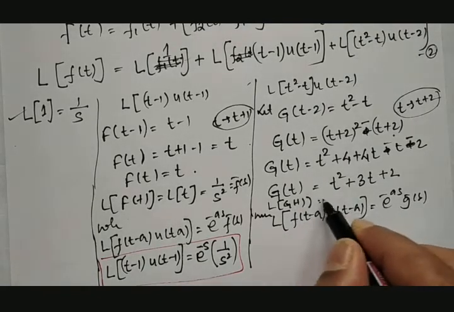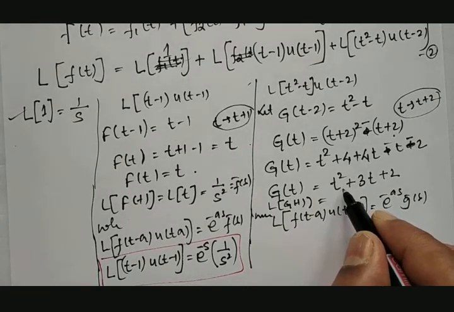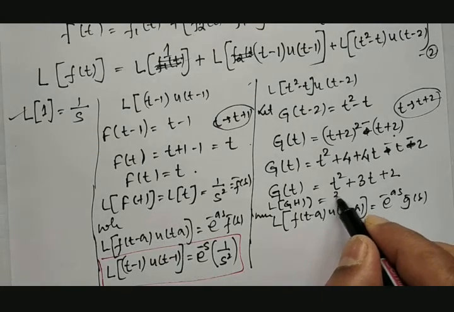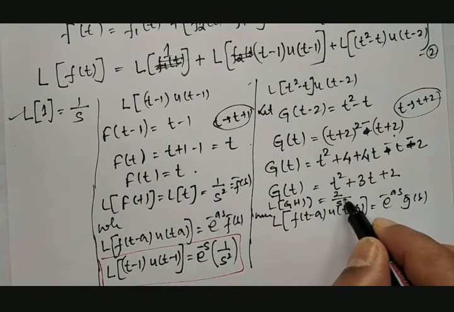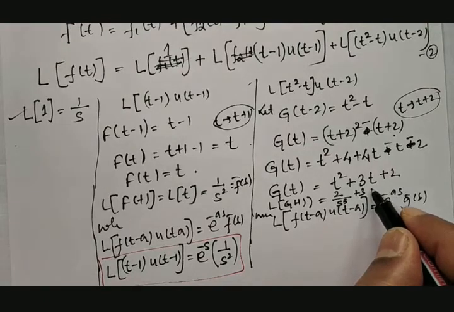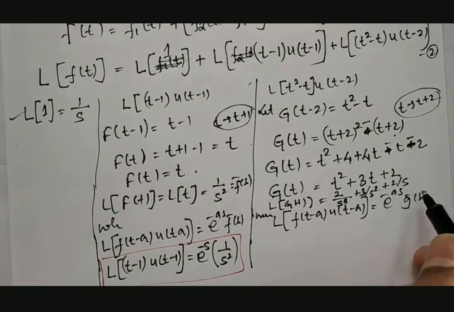If you apply Laplace transformation, here we will be getting t square Laplace transformation is 2 factorial divided by s cube, plus 3 into Laplace transformation of t, which is 3 divided by s square, plus this is 2 by s.